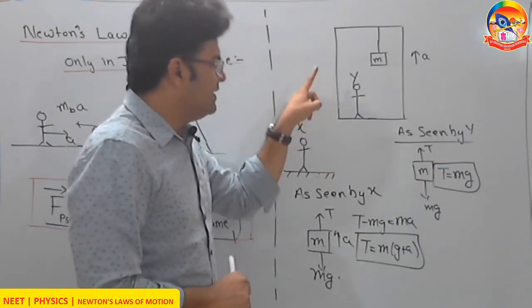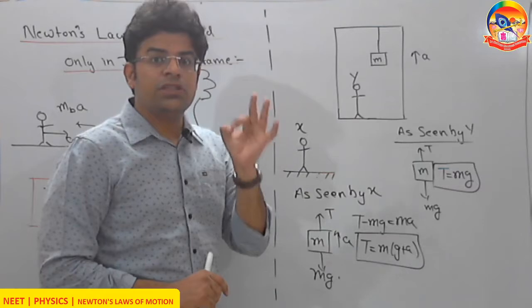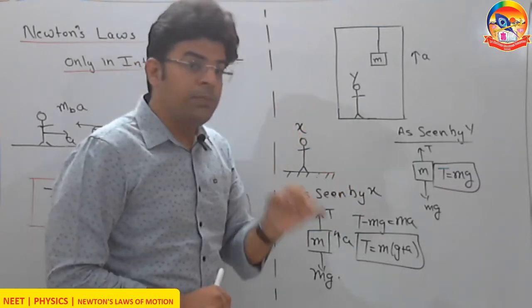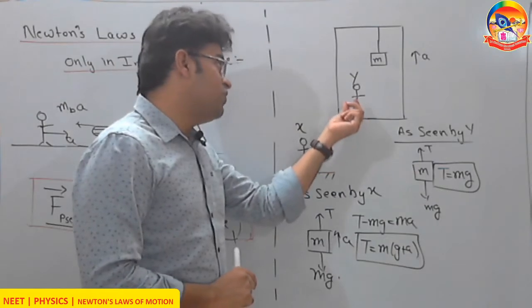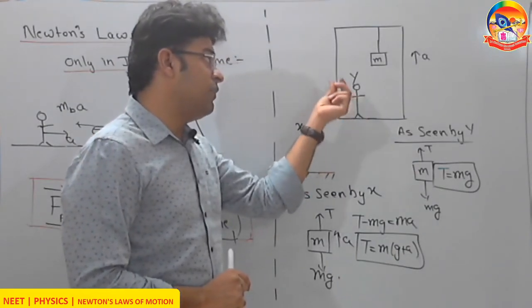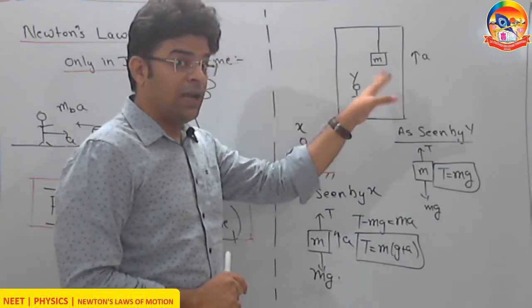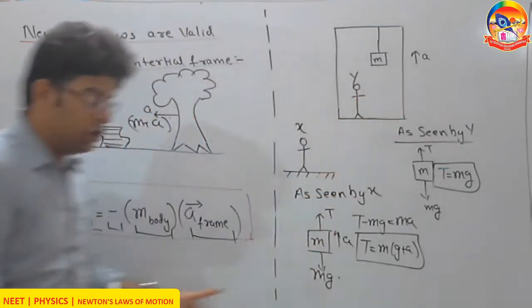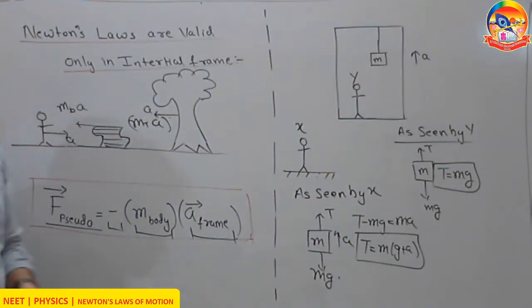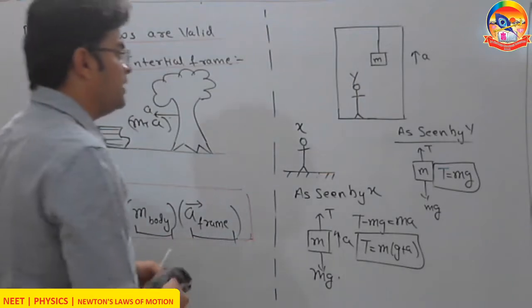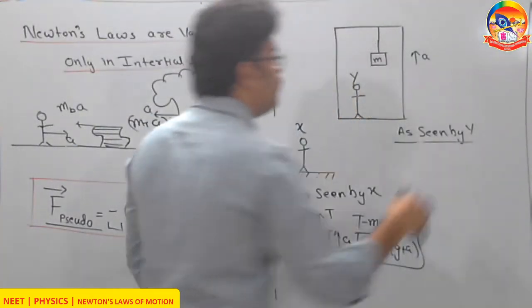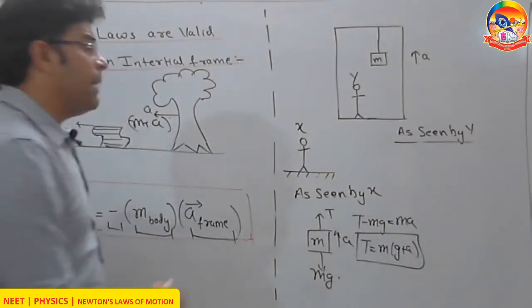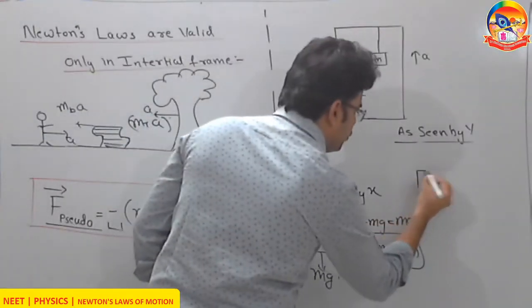Since Y is accelerating, Newton's laws fail when observed from a non-inertial frame. So Y is not at all allowed to make the equation of Newton's law unless Y applies something called a pseudo force. So as to make an equation in the frame of Y, which is itself accelerating, apart from the forces already acting, we must apply one excess force, and that force is the pseudo force.